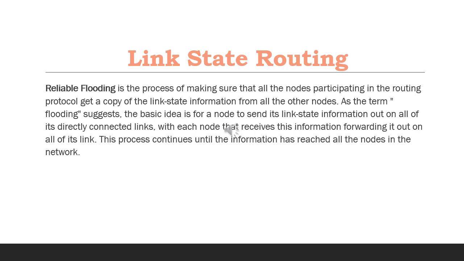As the term flooding suggests, the basic idea is for a node to send its link state information out on all of its directly connected links, with each node that receives this information forwarding it out on all of its links. This process continues until the information has reached all the nodes in the network.